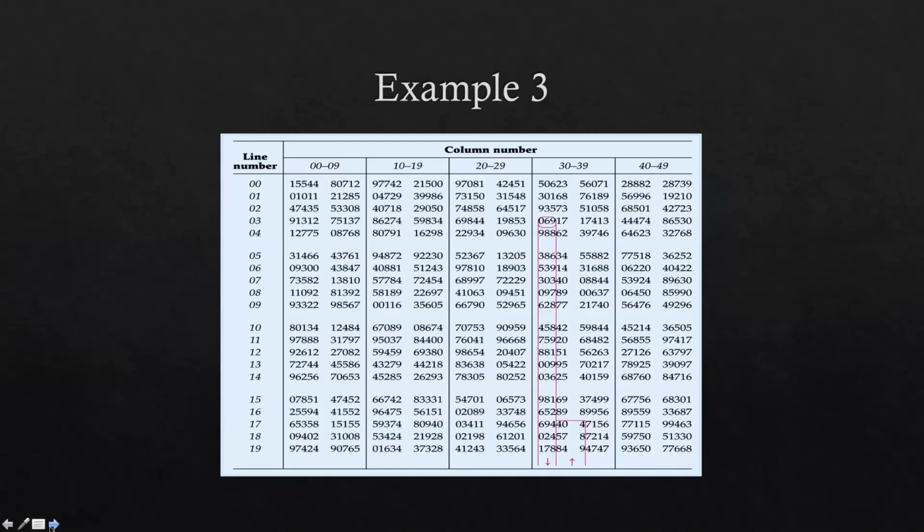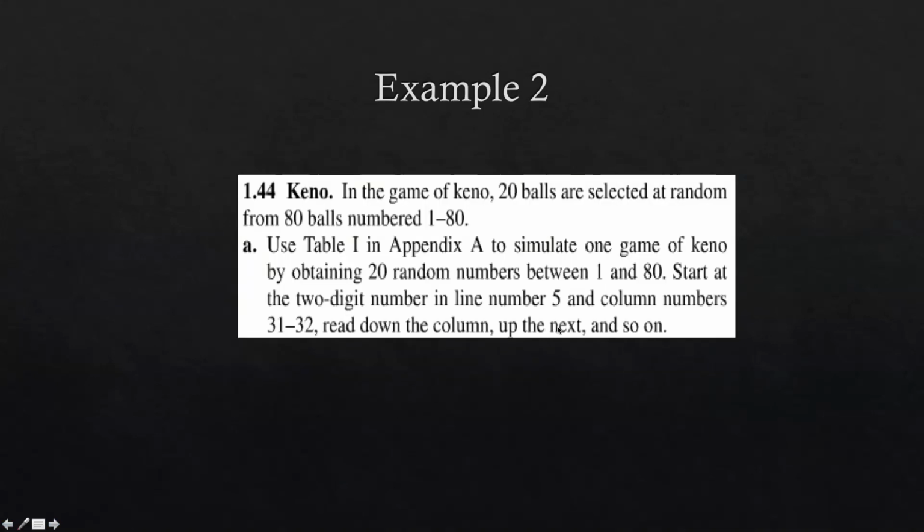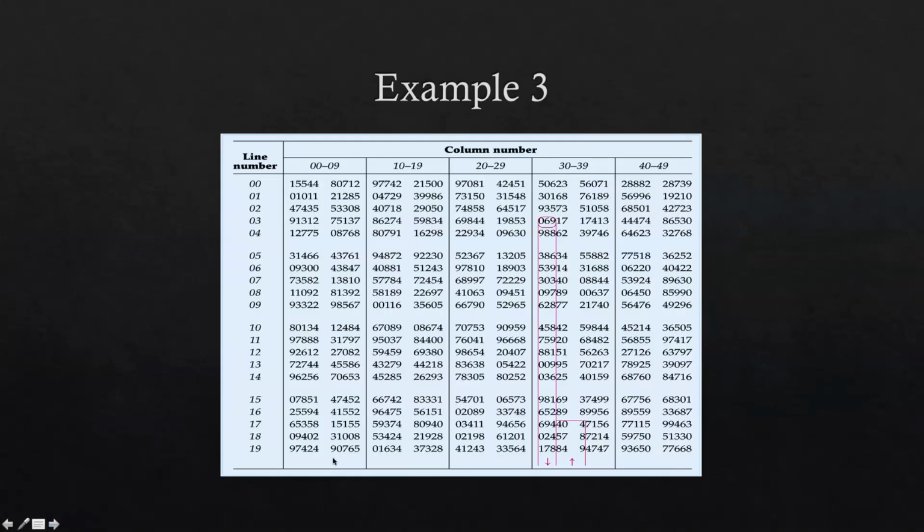So, here we are. And so we're looking for numbers between 1 and 80, and we want the first 20 we find. We're going to start in line number 5, columns 31 and 32.